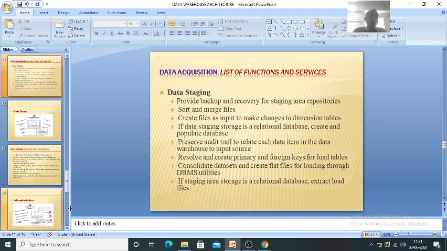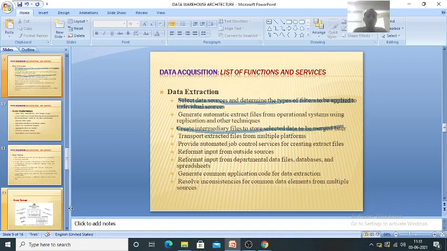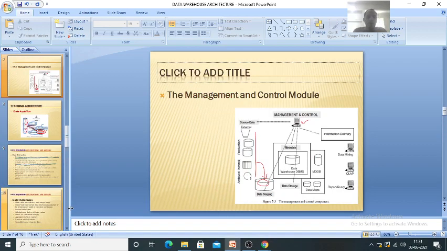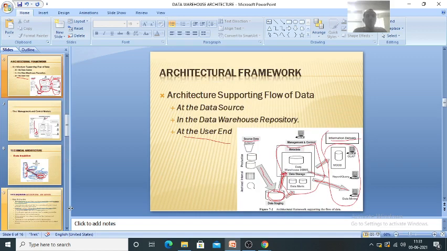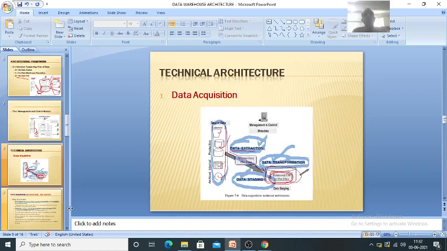See here now, the architectural framework is divided into three parts.